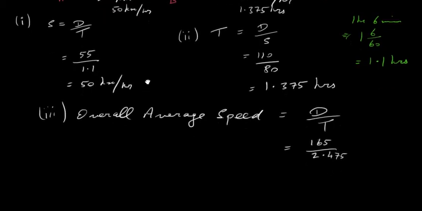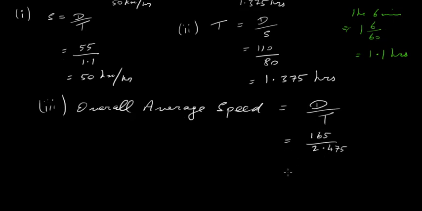Okay, so when you do that, then you just simply get, let's see, 165 divided by 2.475 is actually 66 and 2/3 kilometers per hour. So that's the average speed, remember.